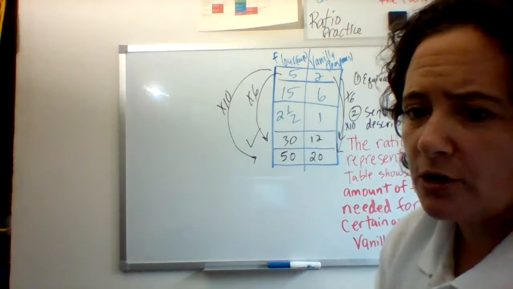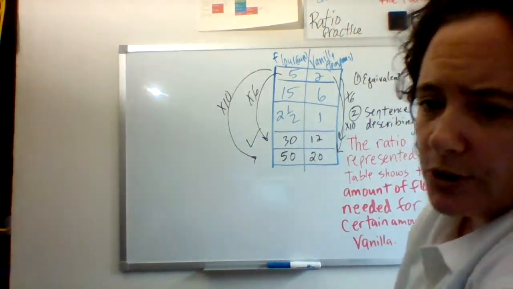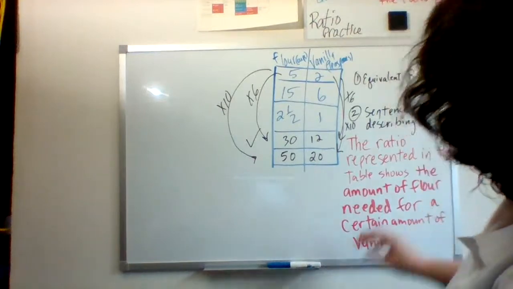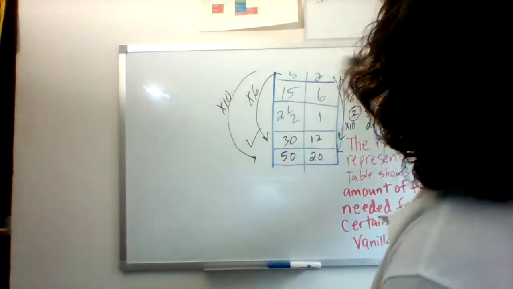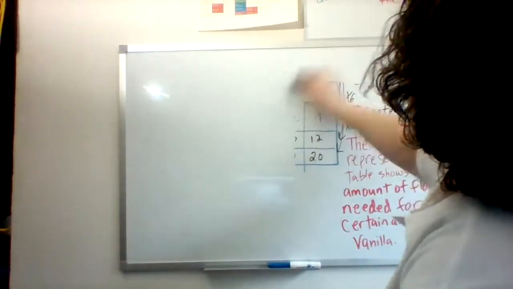Make sure you're checking the right one, Rusmeli. Yours is different. Okay, I need everybody on ratio practice number 1, except I think Rusmeli and Jaden and Alex have a different one.